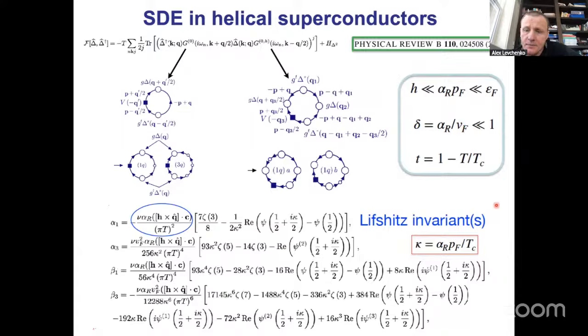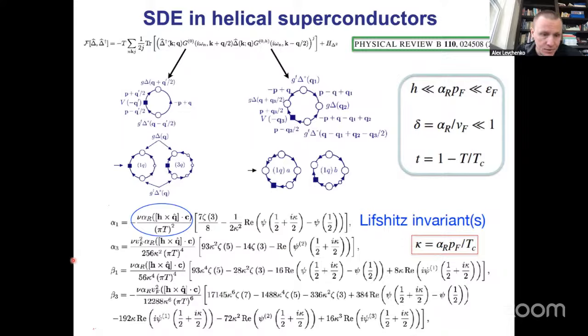And we have a final parameter, which is the Rashba splitting in units of TC. This parameter is not fixed. It can be either large or small, and I would like to keep it as a parameter in the model. We calculate at arbitrary value of kappa. Okay, that will be very important right now to reconcile with these previous works.